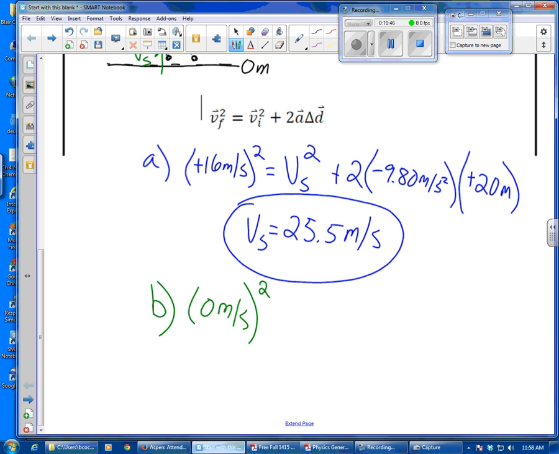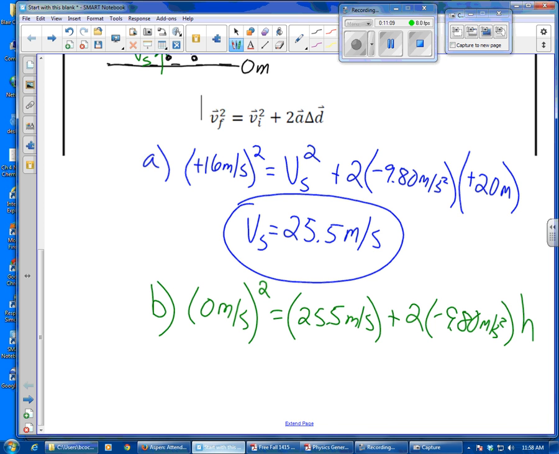And it started at the bottom at 25.5 meters per second. Plus 2, it was still accelerating at negative 9.80 meters per second squared. And we don't know how far it went, so let's just call that h.